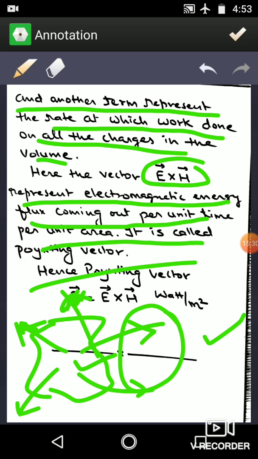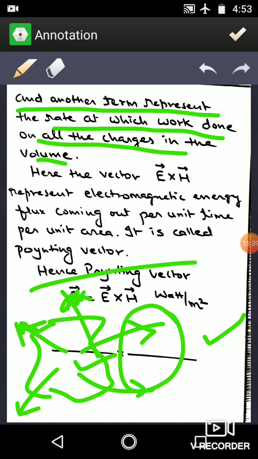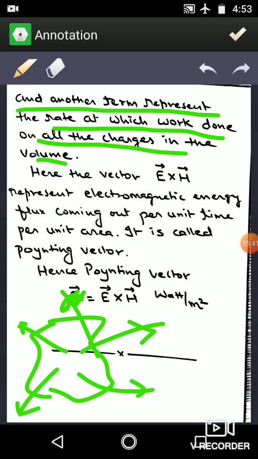Therefore, if we take a unit area, the amount of energy coming out from this unit area will be equivalent to E cross H, and this quantity is known as the Poynting vector.